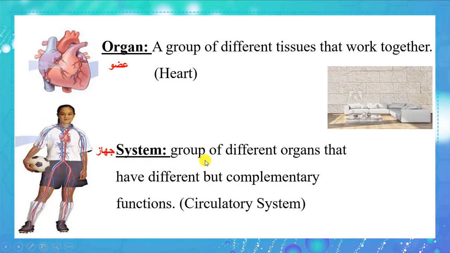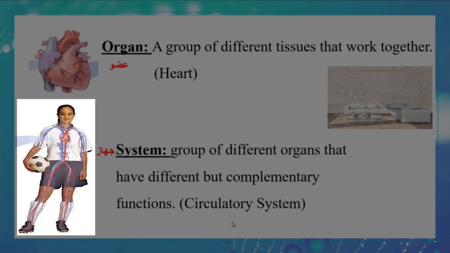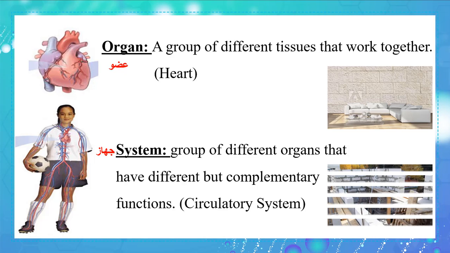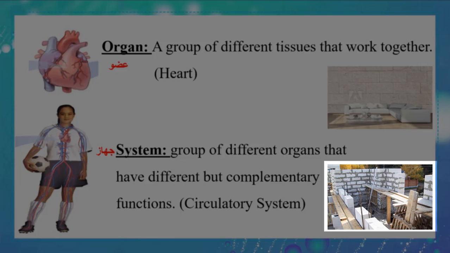It is a group of different organs that have different but complementary functions. And by complementary, we mean that they complete the role or job of each other. An example on this will be the circulatory system. The system in a human body resembles the floor in a building.